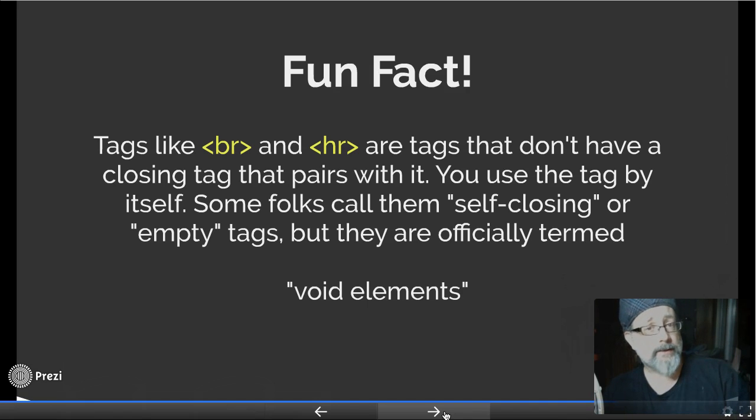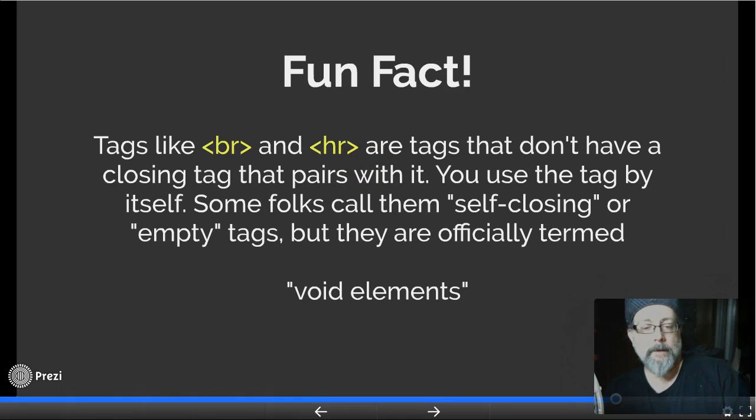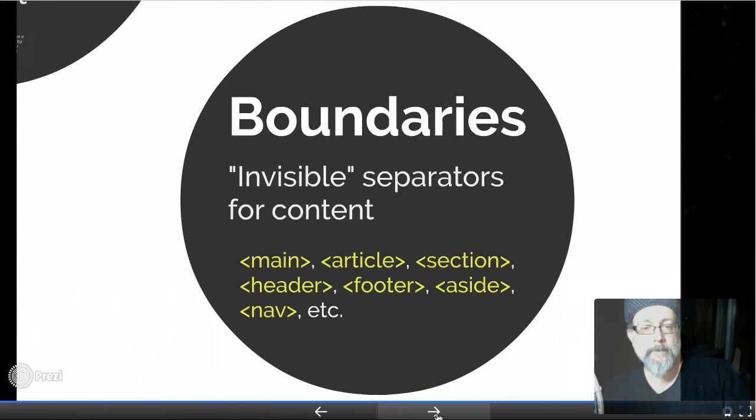It's a tag that doesn't have a closing tag. So you just use IMG, and once you've done the closing angle bracket, you're done. There's nothing more to do with it, and there's no inner content that goes in it.